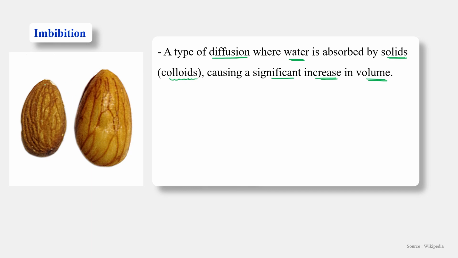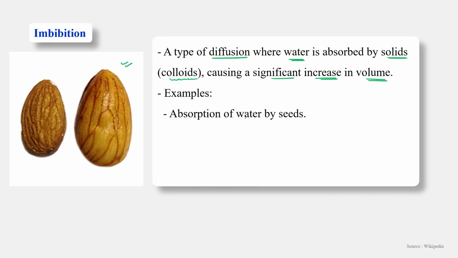As with dry fruits, peanuts or badam, when we soak them in water and leave them overnight, in the morning they will have imbibed water, right? So it will cause a significant increase in the volume of this badam, right?